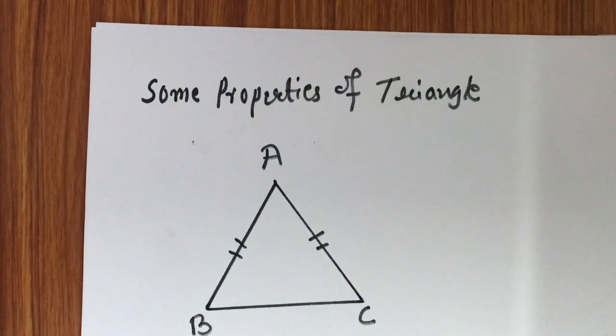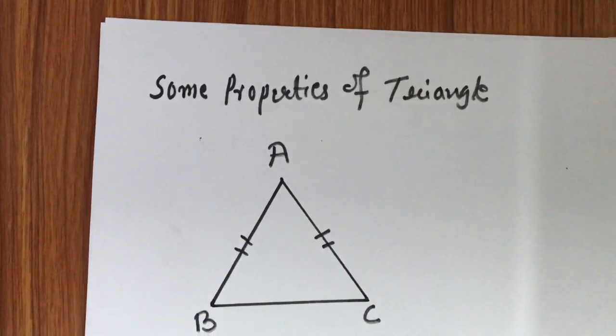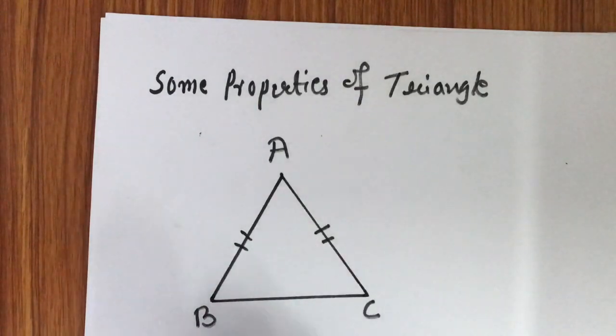In this triangle ABC, we are going to verify that angles opposite to equal sides are equal. Here, two sides AB and AC are equal. Understand? And we are going to verify that the angles opposite to equal sides, which angle will be opposite to the side AB?